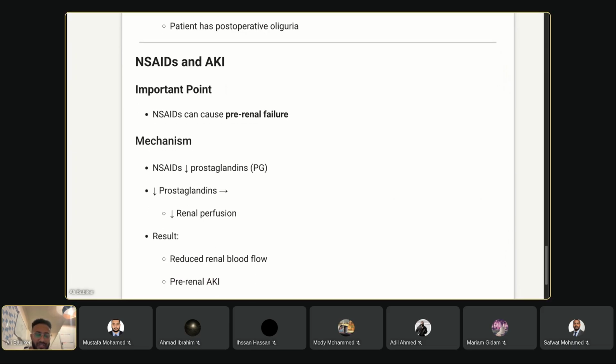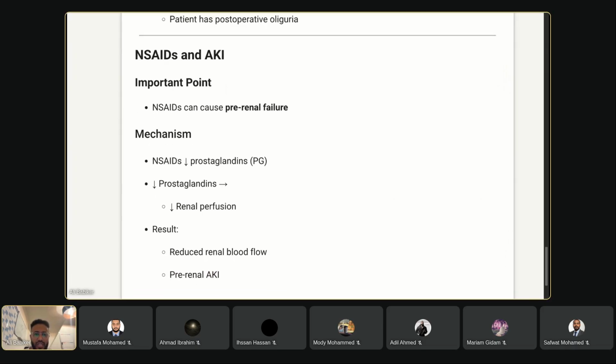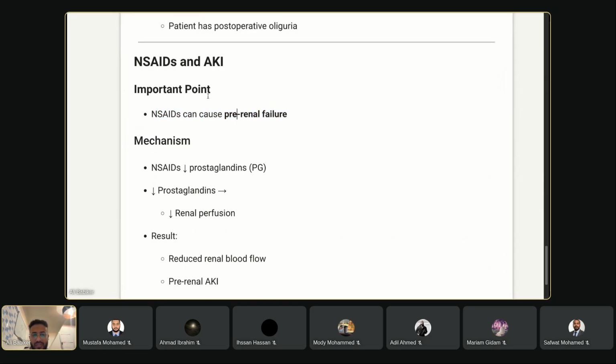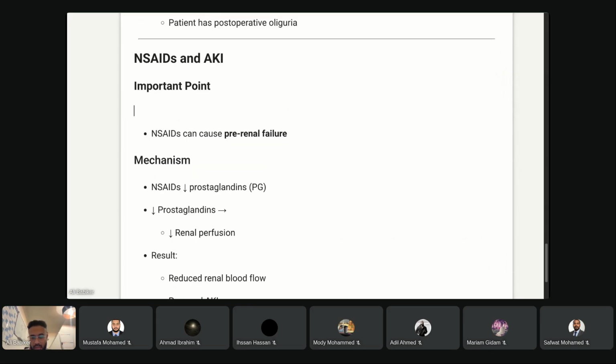All right, non-steroidal anti-inflammatory drugs. Important point: non-steroidal anti-inflammatory drugs can cause pre-renal failure. Mechanism: look, I don't want you to be confused. Non-steroidal anti-inflammatory drugs mainly cause renal acute kidney injury.